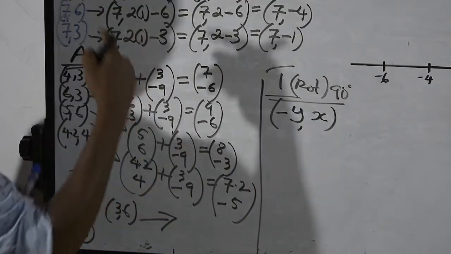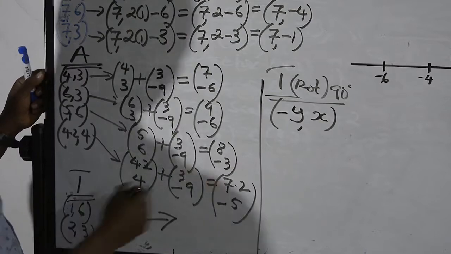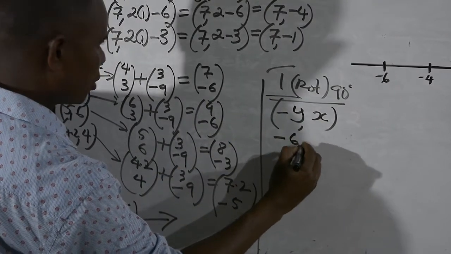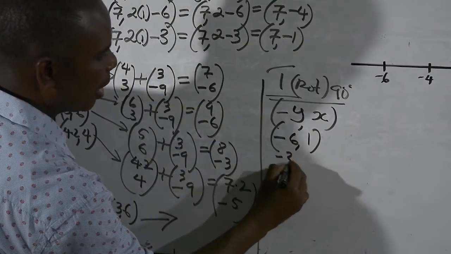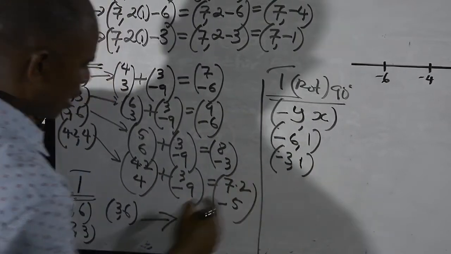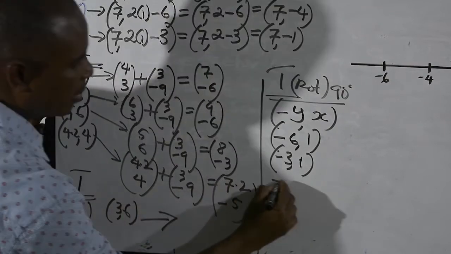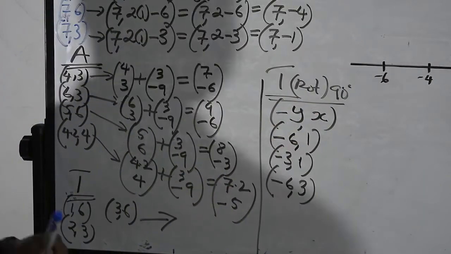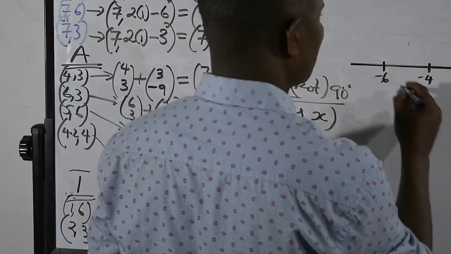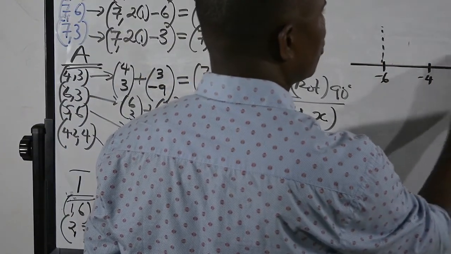That was the formula for anti-clockwise. So we now look at it. This is (-6, 1). And here is (-3, 1). And here it is (-6, 3). So anti-clockwise gives (-6, 1). This is 1 somewhere here.